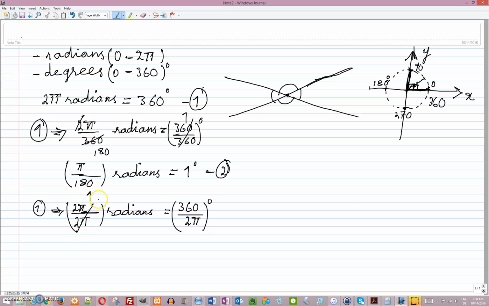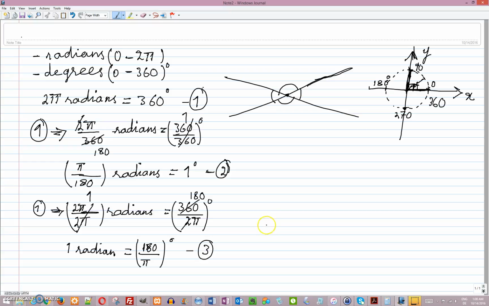This would be 1, this would be 2, 360 divided by 2 would be 180, and this would be 1. So basically 1 radian is equal to 180 by pi degrees. And this is equation number 3. You can use them in conversion.